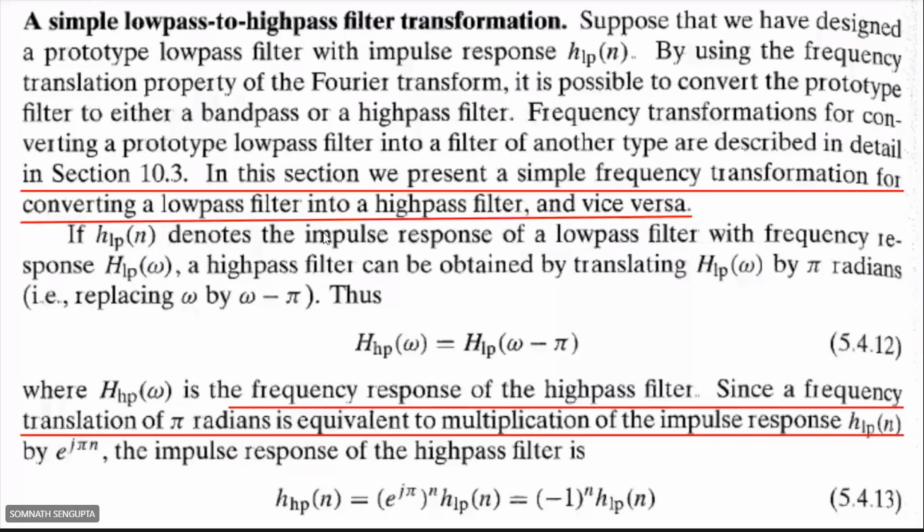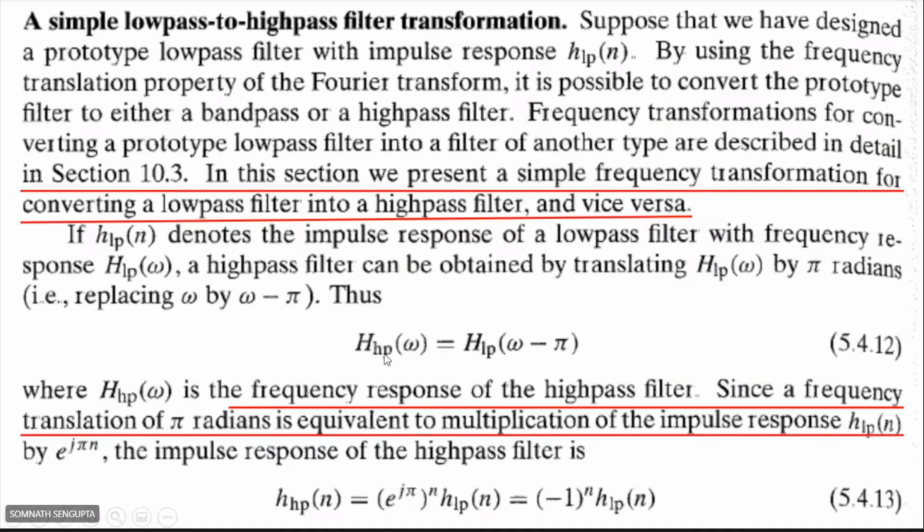So in the term omega minus pi, if you write omega is equal to pi, then it should be pi minus pi, that is 0. So H_HP, the transfer function of the high pass filter, at omega equal to pi is equal to H_LP of omega minus pi, and if omega is pi, it is 0.